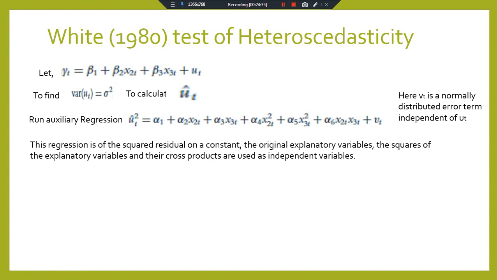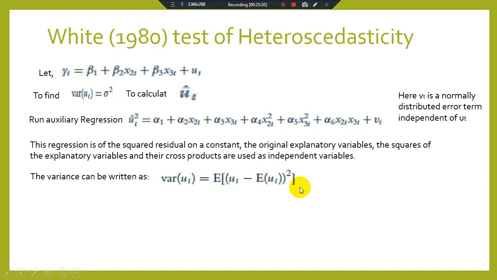So keep it in mind, we are actually trying to see why the squared residuals are the quantity of interest. Recall that if there is another random variable, then our variance is not constant. So the variance can be written as, we have to write the variance of this regression line. The variance is equal to the expected value of ut minus the expected value of ut, squared.